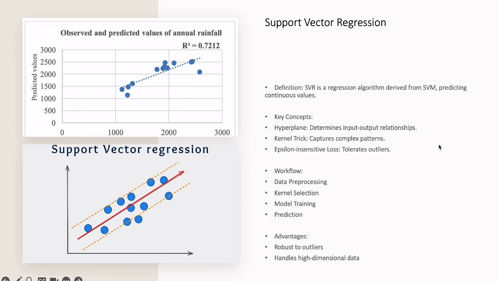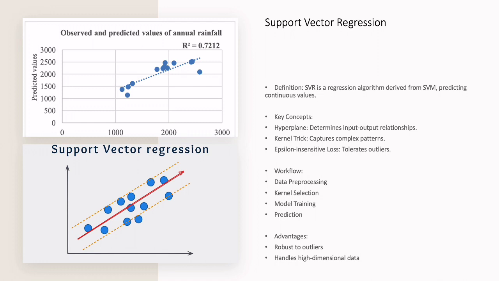A little about support vector regression. From the definition, SVR is a regression algorithm derived from SVM, that is support vector machine, predicting continuous values. Key concepts here are the hyperplane, kernel trick, and epsilon-insensitive loss. It determines input-output relations, captures complex patterns, and is tolerant to outliers. The workflow, as we discussed in the previous slide, is the same: data pre-processing, kernel selection, model training, and prediction.